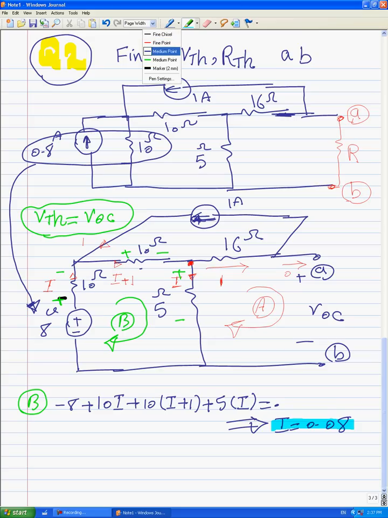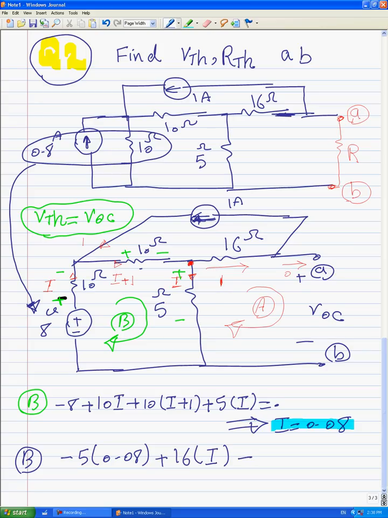Now we are ready to apply KVL in loop A. KVL says minus 5 times I, 0.08, plus 16 times 1 plus open circuit voltage is equal to 0.